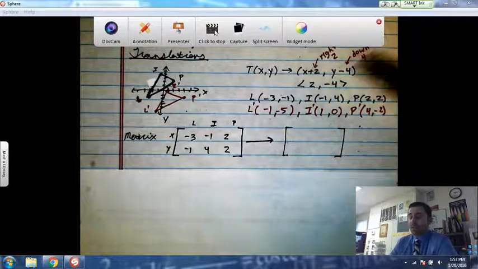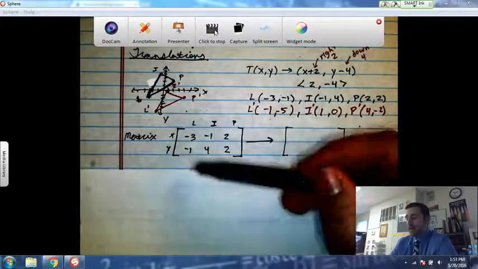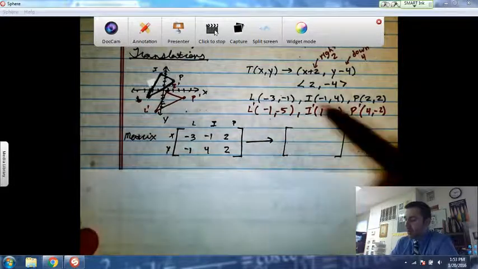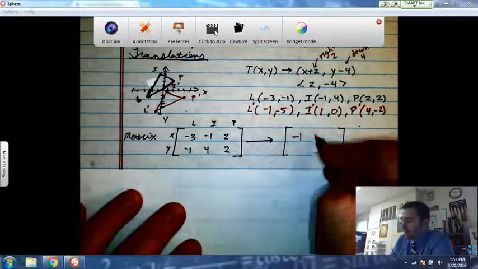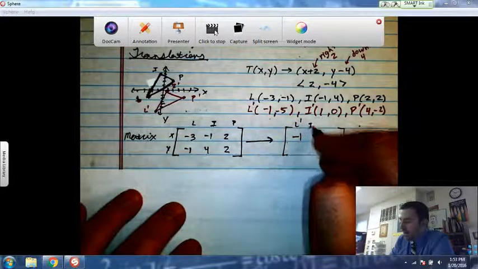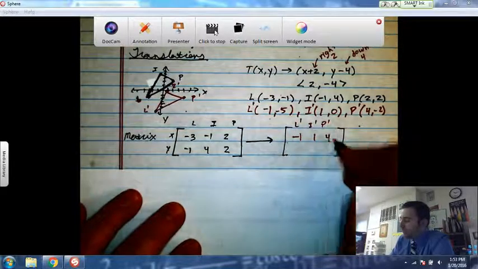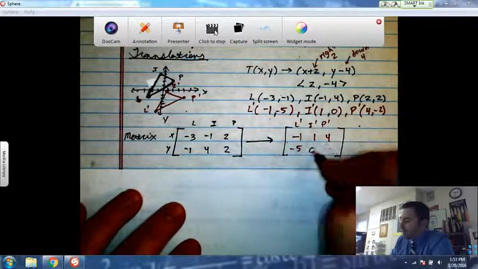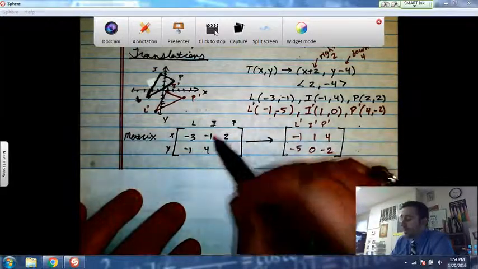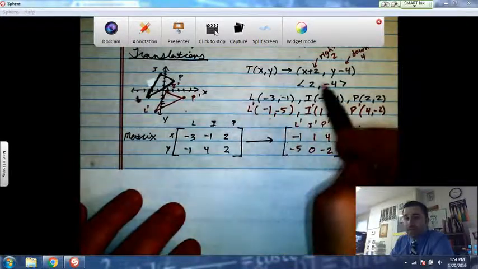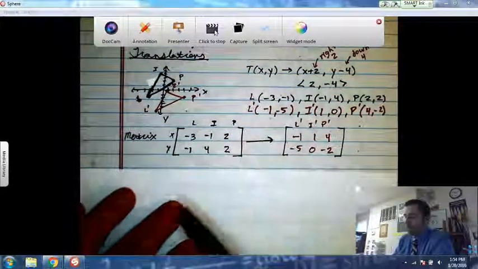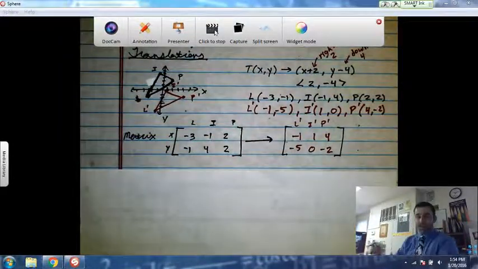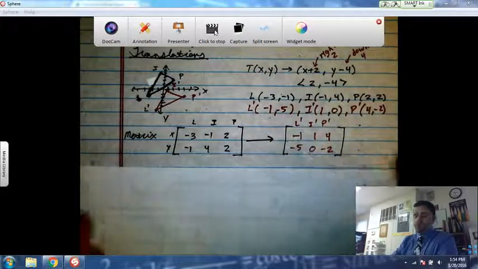So my rows would be x and y, and my columns would be the individual points. And so I can simply list the x's for each point for L prime, I prime, and P prime, and then the y's. Or, if I was just given this matrix and then this rule, I could add 2 to each of the x's and subtract 4 from each of the y's, giving me the image matrix.